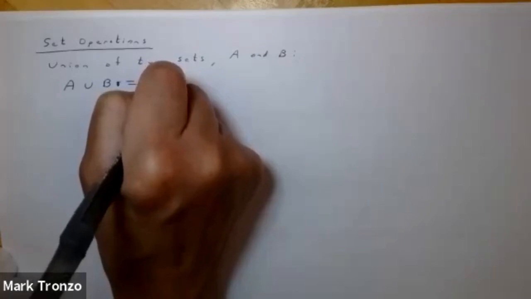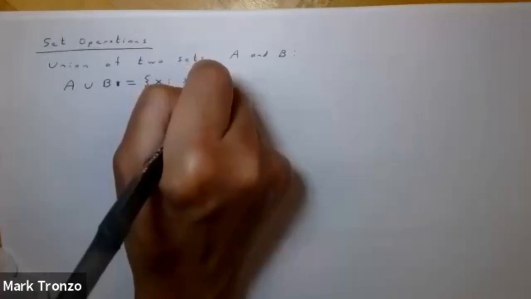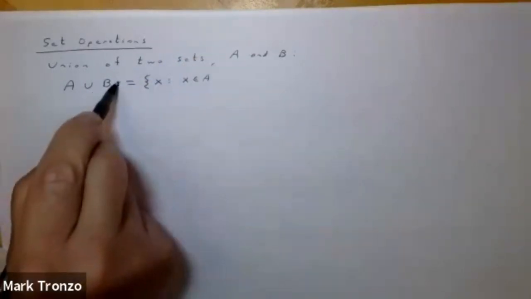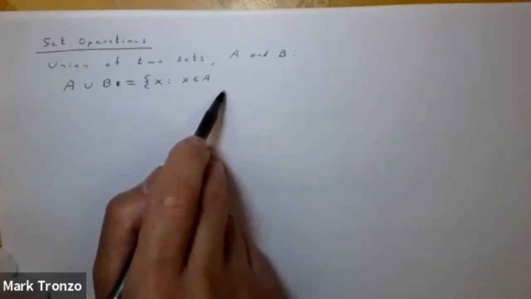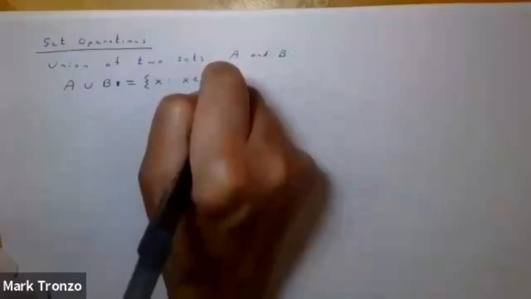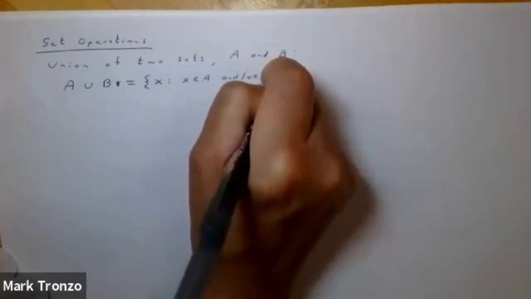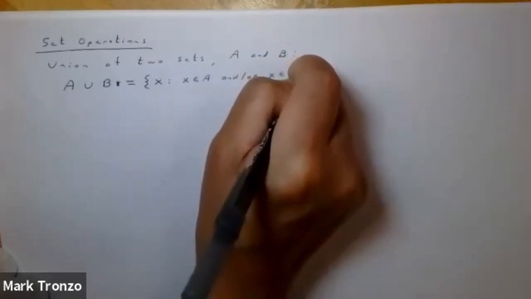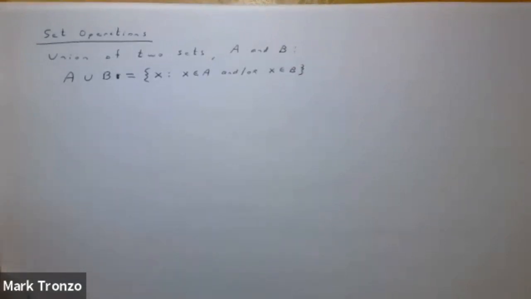I think the book uses double dots, so I'll do that. x such that x is in A. A lot of times they'll say or here, and that's what it means. But it also kind of means and/or, because it can be in both. So it's all the values such that x is in A and/or x is in B. So when you're taking the union of two sets, it's everything that's in each one, and you don't repeat anything.